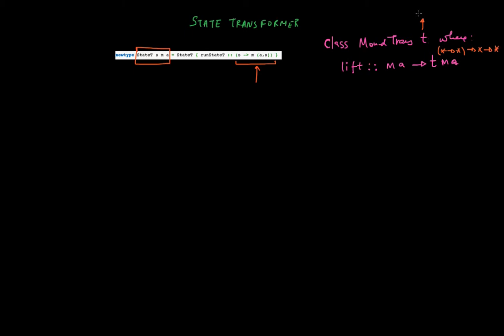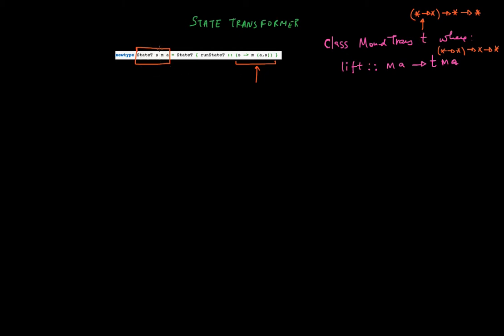So the kind for t takes in these two parameters, m and a, and gives back another concrete type. That's the kind signature for my t.